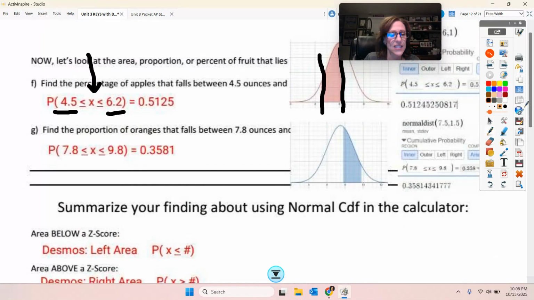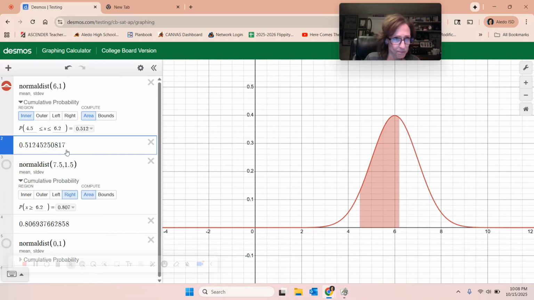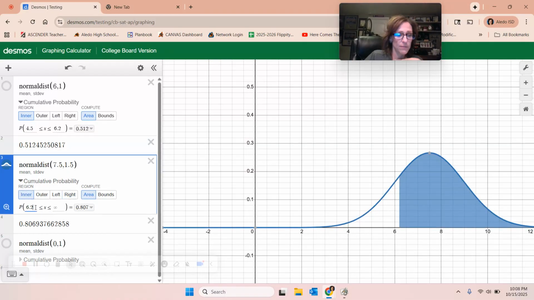Okay, and so here was another one. Find the proportion of oranges between 7.8 and 9.8. And so here is that notation. X is in between 7.8 and 9.8. And I went and put that in for the oranges. So that's down here. Inner probability.